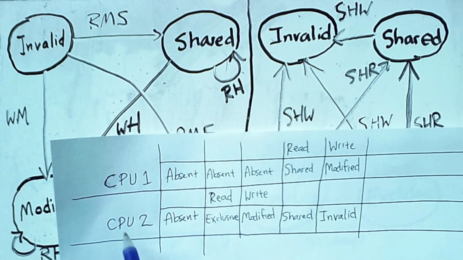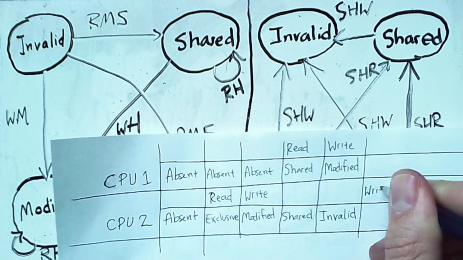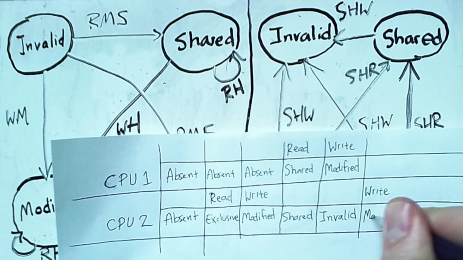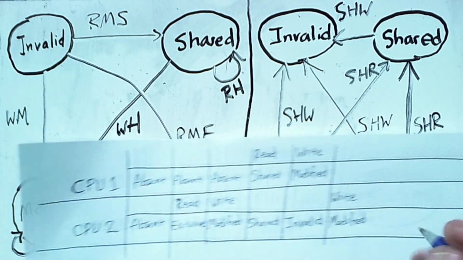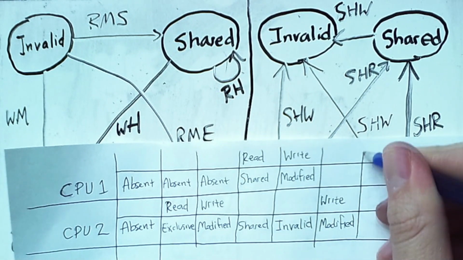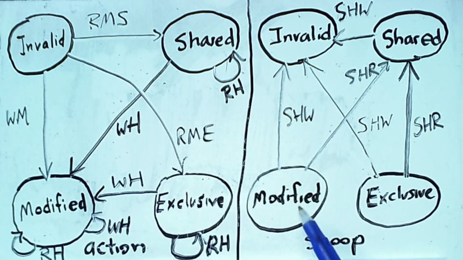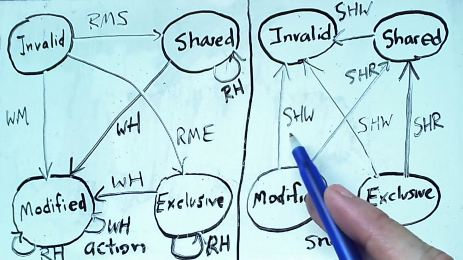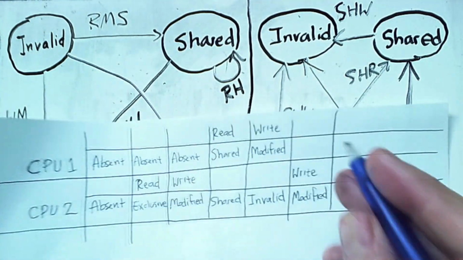So CPU 2 goes from invalid to modified, because it's going to issue a write command here. And CPU 1 is currently in the modified state. It detects a snoop hit write, and it goes to an invalid state.